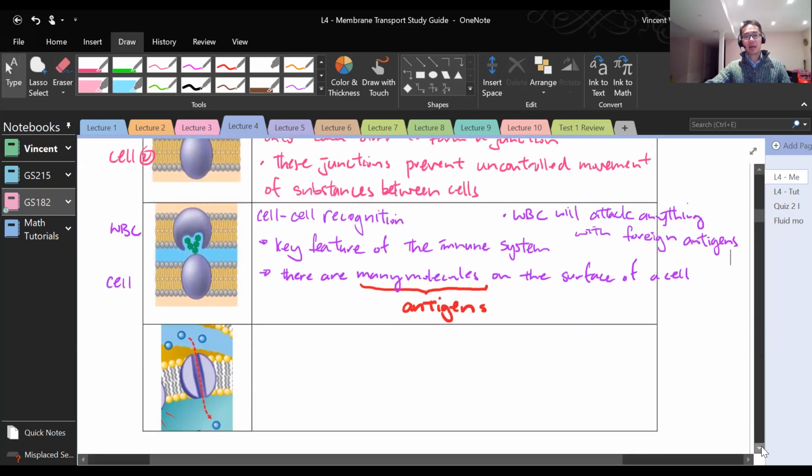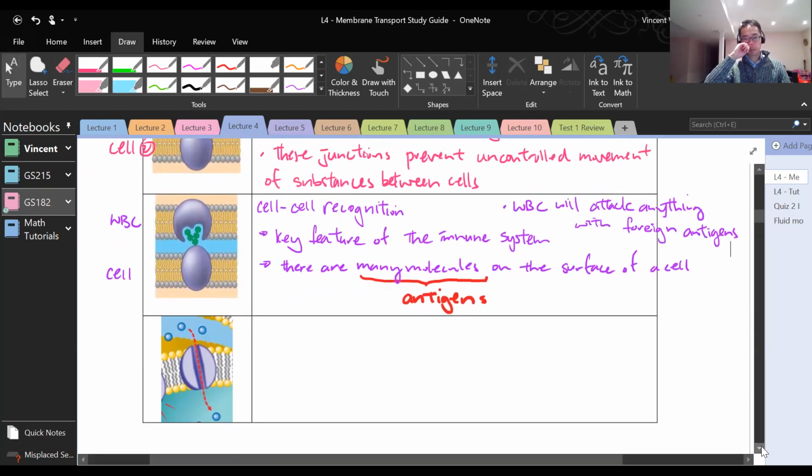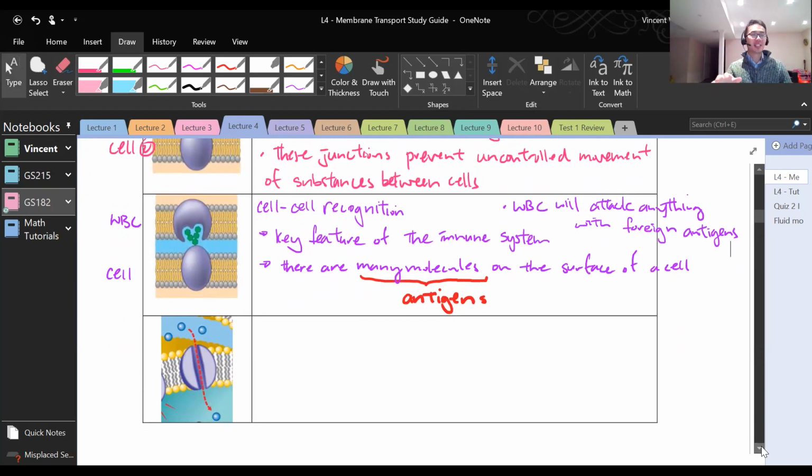Okay, just a random thing. I like to talk about random stuff in the lecture. I read last week that they did a first successful heart transplant to a patient using a genetically modified heart from a pig.